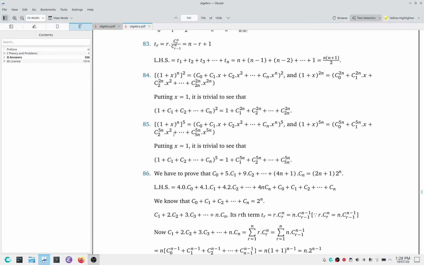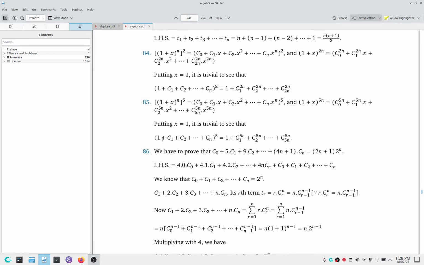Again we put x is equal to 1 to see that (1 plus C1 plus C2 up to Cn) whole to the power 5 is equal to 1 plus 5nC1 plus 5nC2 up to 5nC5n.